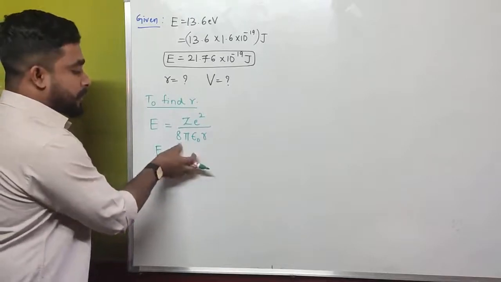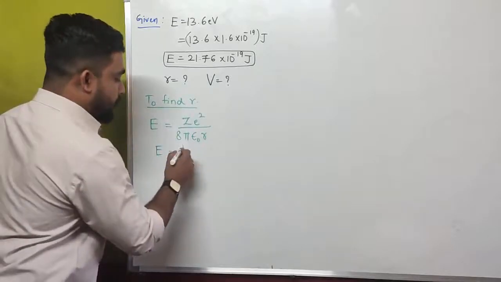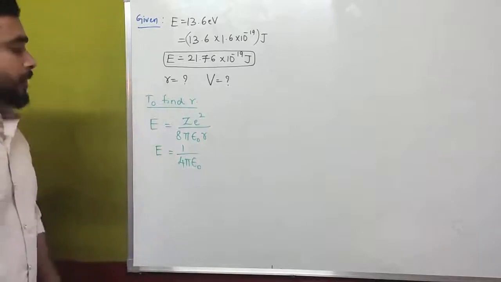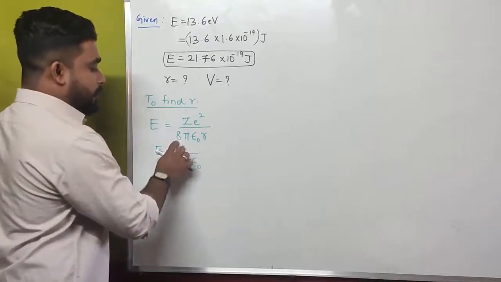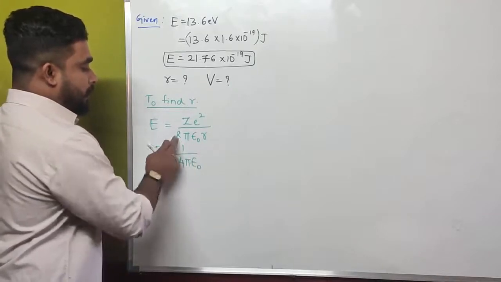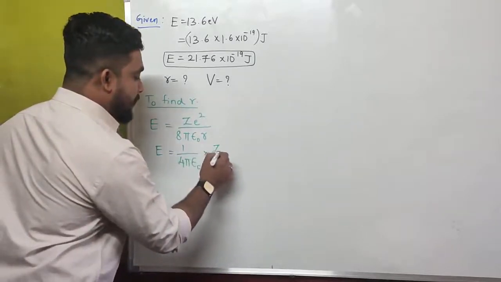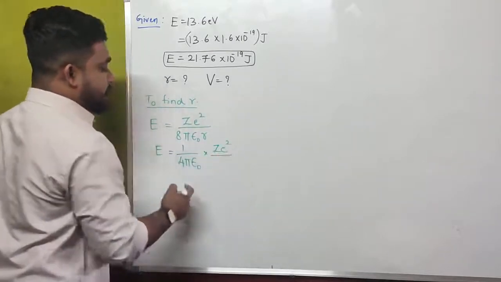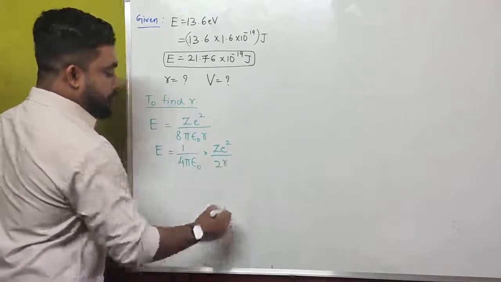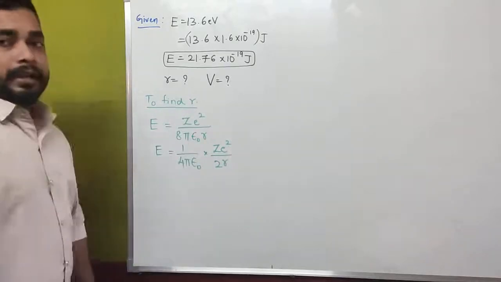I'll consider 4 pi epsilon naught as an individual term, that is 1 divided by 4 pi epsilon naught, into Ze square divided by 2 into R. This is how we have modified our energy expression.